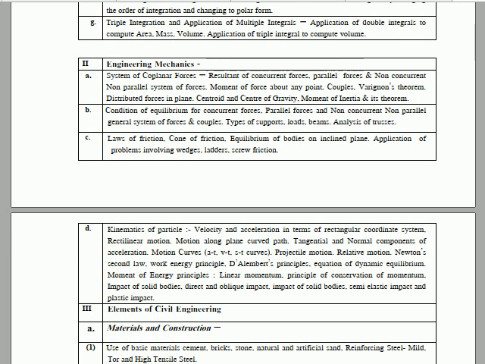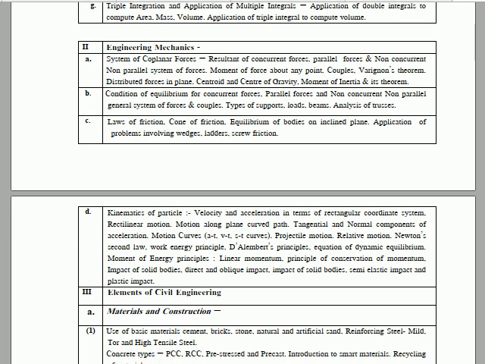The next subject will be basic civil engineering.